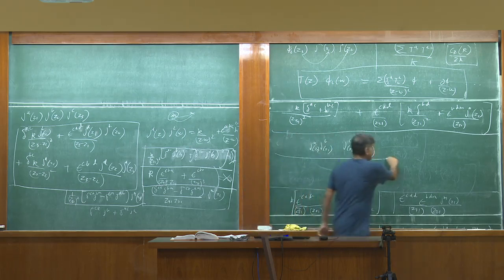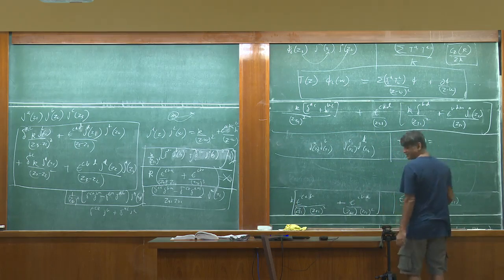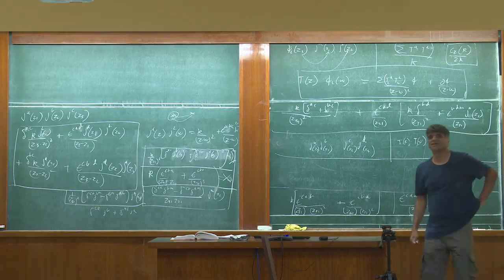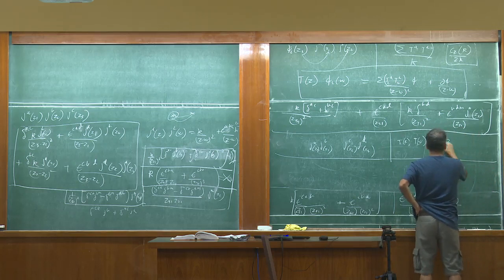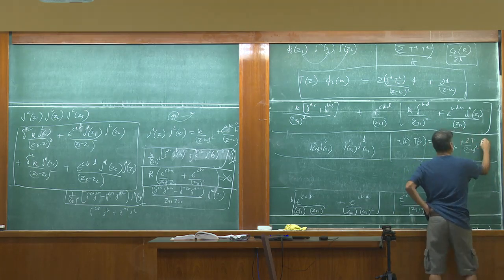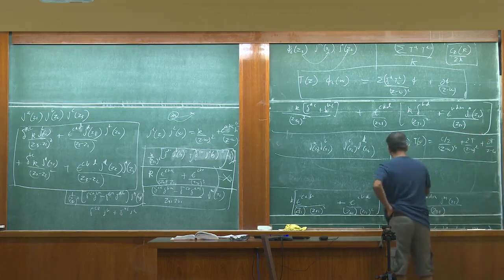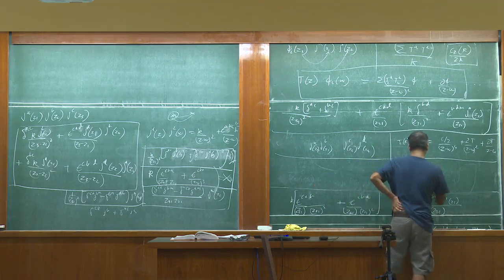But anyway, you do this and you find that T(z) T(w) is equal to c/2 over (z minus w) to the 4, plus 2T over (z minus w) squared, plus del T over (z minus w), with c equal to, in this case, 3k divided by k plus 2.